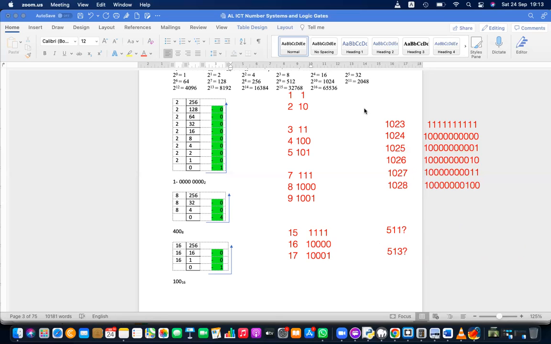I have given 511. Next you have to see which 2 to the power number it is close to. 511 is close to 2 to the power 9, 512. Now you know how to find 511 and 513, yes, do it quickly and send me the answer. You can do this within 1 minute. Practice is needed. If you don't understand, ask, I'll explain it again.